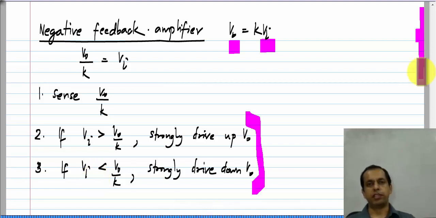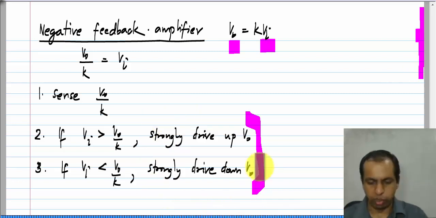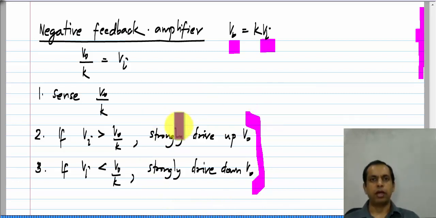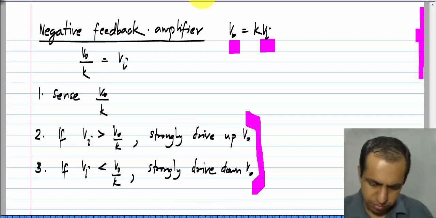Earlier I described the op amp as something that strongly drives the output positively if V D is greater than 0 and negatively if V D is less than 0. Now, you see that it essentially accomplishes what we are looking for over here. So, an op amp which is a voltage controlled voltage source with a very high gain can be used to realize this amplifier. So, how do I do that?